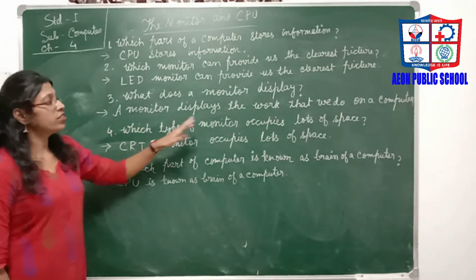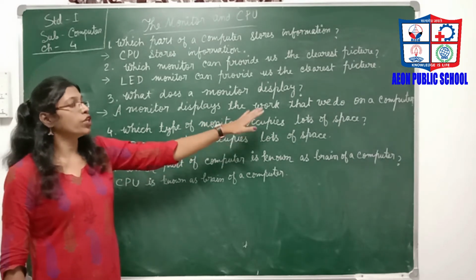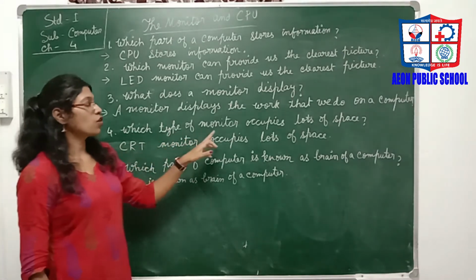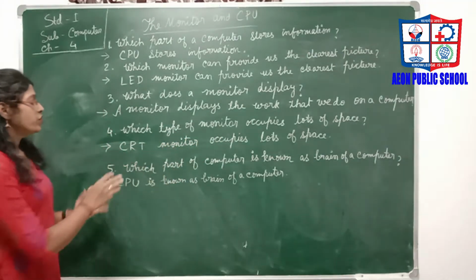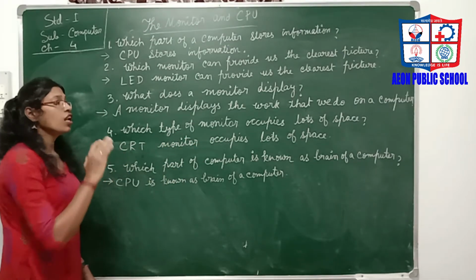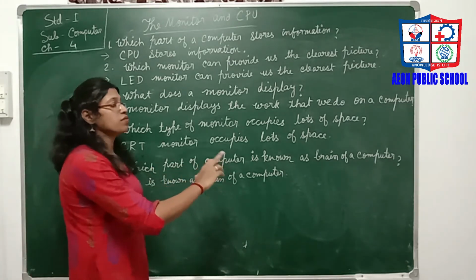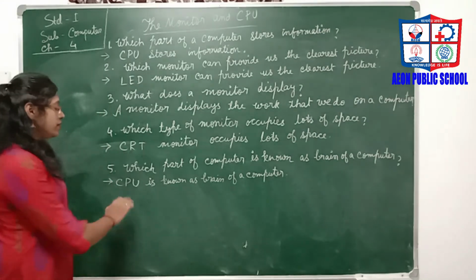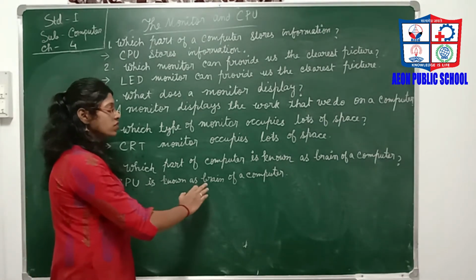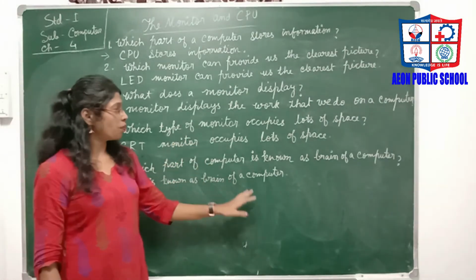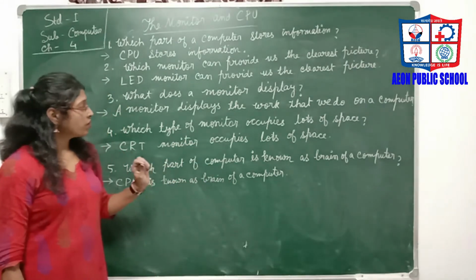A monitor displays the work that we do on a computer. Which type of monitor occupies lots of space? The CRT monitor. Which part of a computer is known as the brain of a computer? The CPU. You will copy this to your computer notebook.